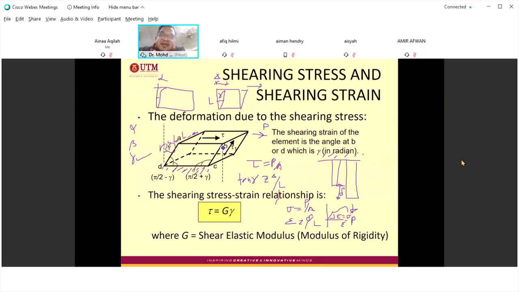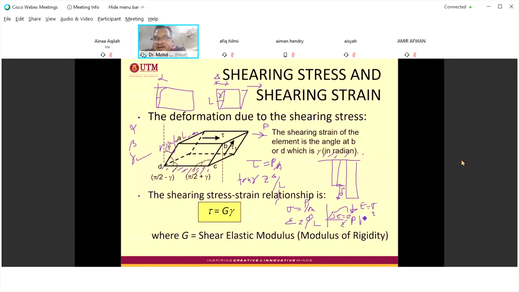So gamma, if you use tangent, tangent equals delta divided by L. If you plot the relationship between stress and strain for this material, it is G, as we have E equal to sigma divided by strain.